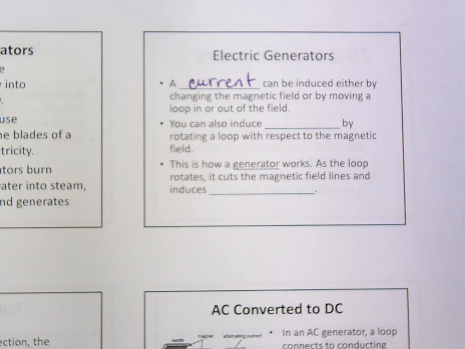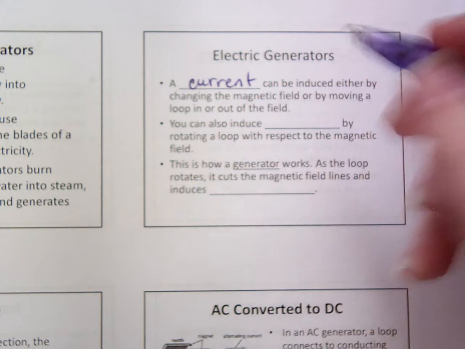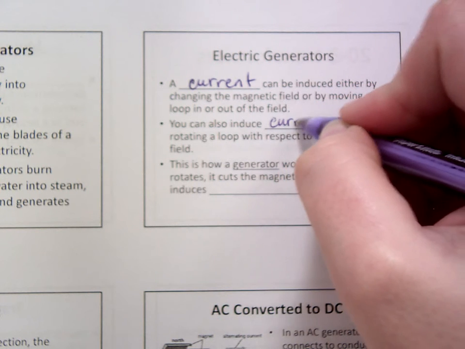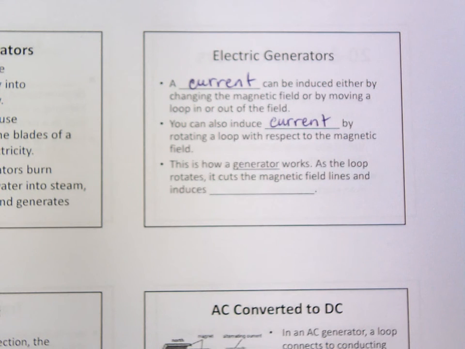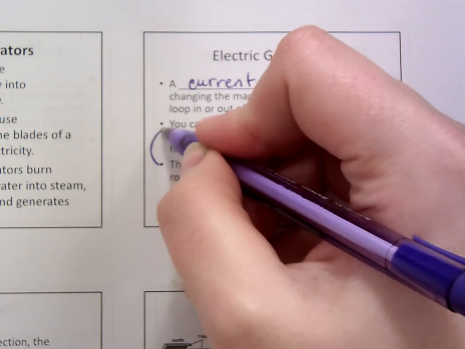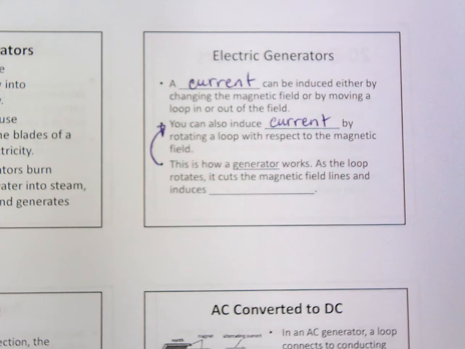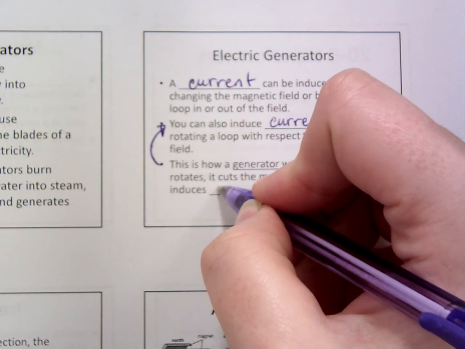You can also create current by moving a loop in or out of a field. You can also create current by rotating a loop with respect to the magnetic field. That third one there is how a generator works. As the loop rotates, it's cutting magnetic field lines to induce current.